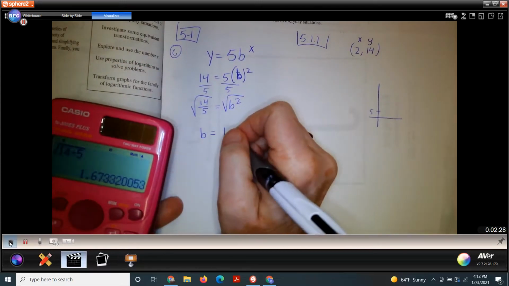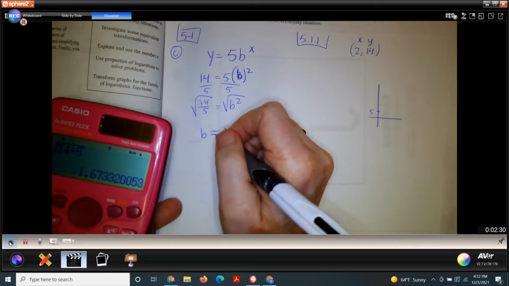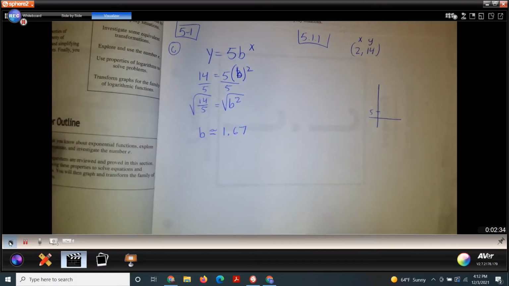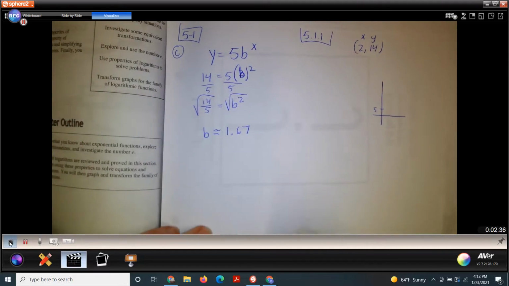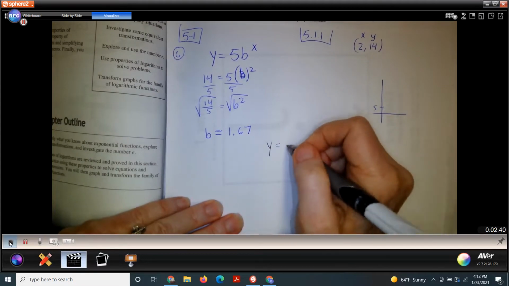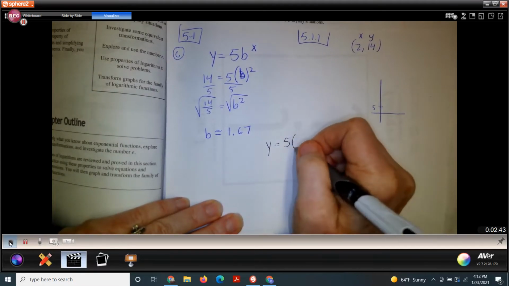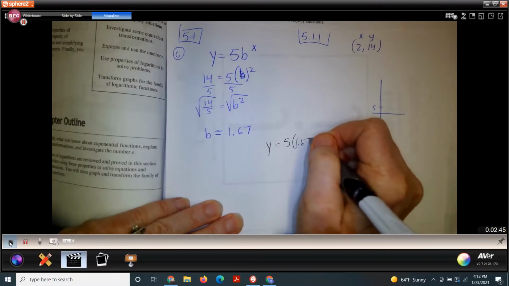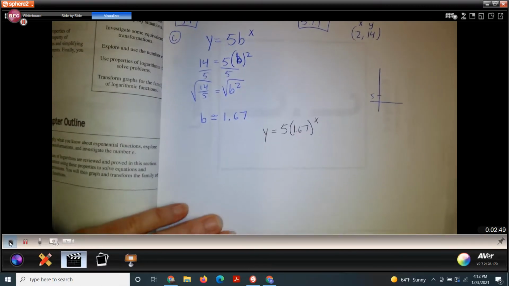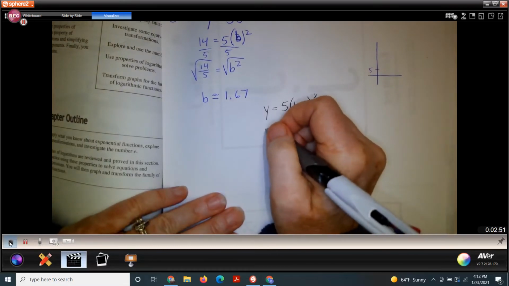So B is approximately 1.67. So then I can rewrite my equation as Y equals A was 5, B is 1.67 to the X. But then they asked me to do it in terms of time, so I'm just going to use B for bacteria.